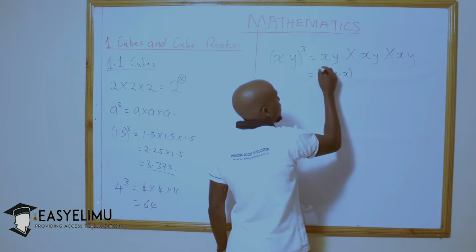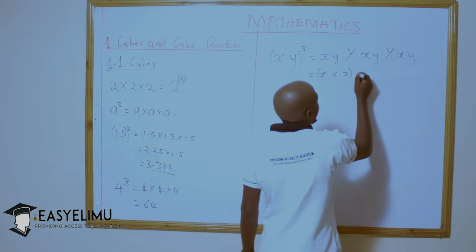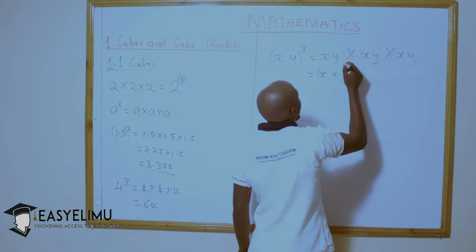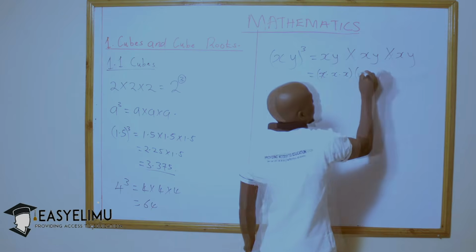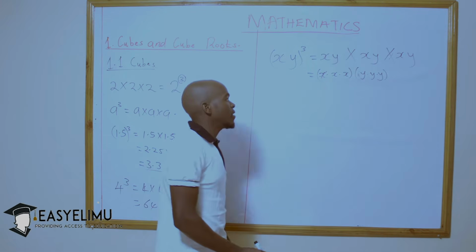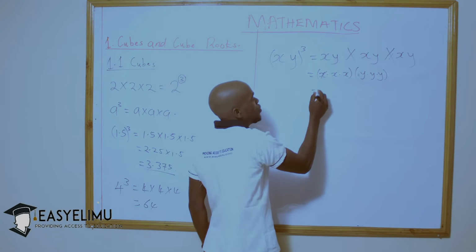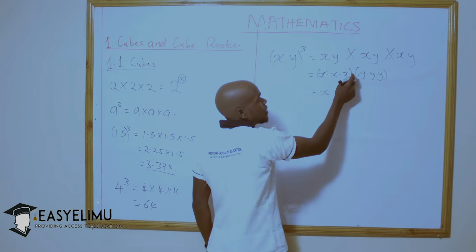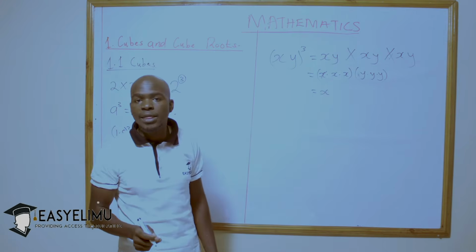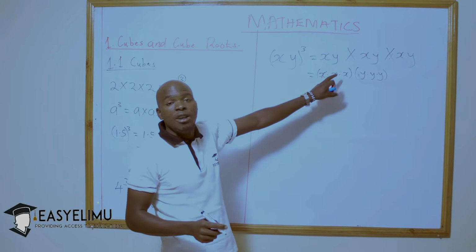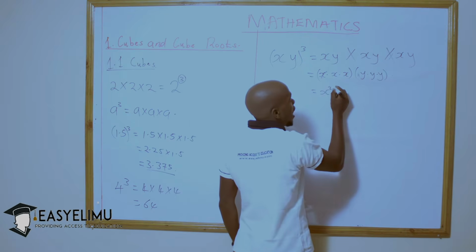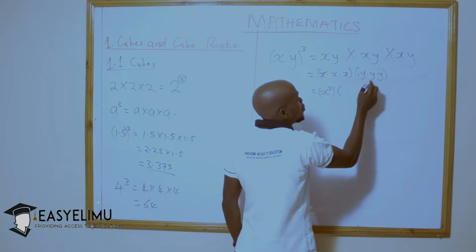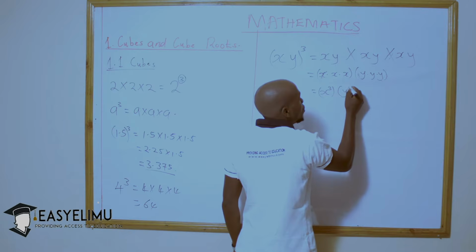You can first evaluate x, then you multiply by the bracket we have here, and that is y. You multiply y 3 times. Here, x multiplied 3 times gives x to power 3, and y multiplied 3 times gives y raised to 3.